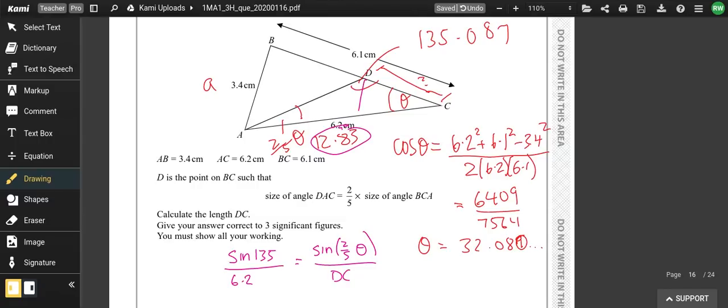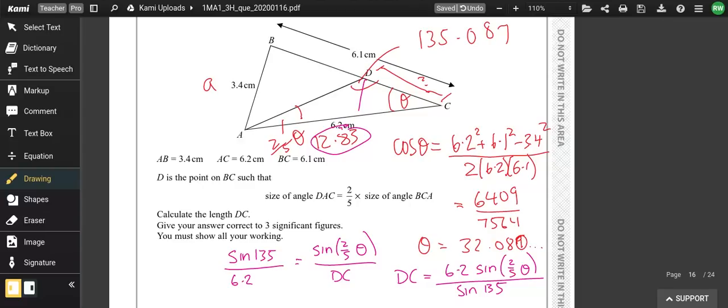Okay, so we can rearrange this. DC is equal to 6.2 sine 2/5 theta all over sine 135. Let's see if that works.